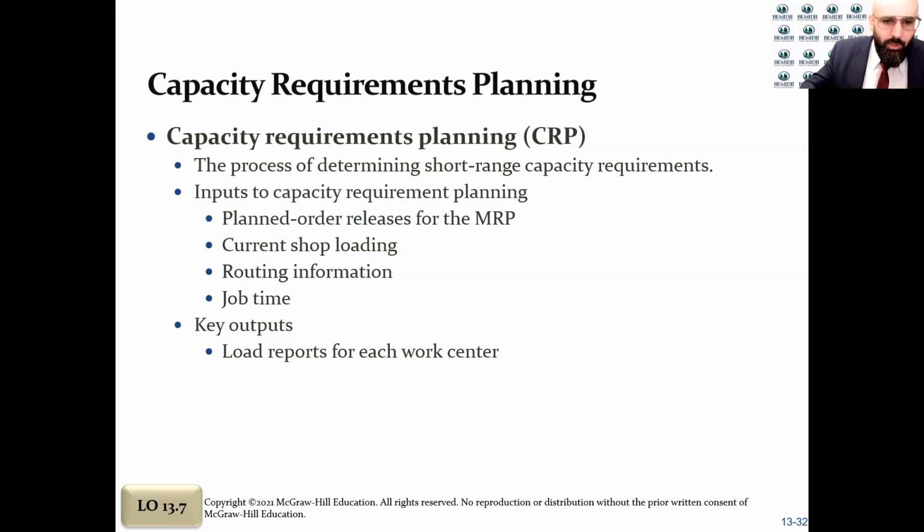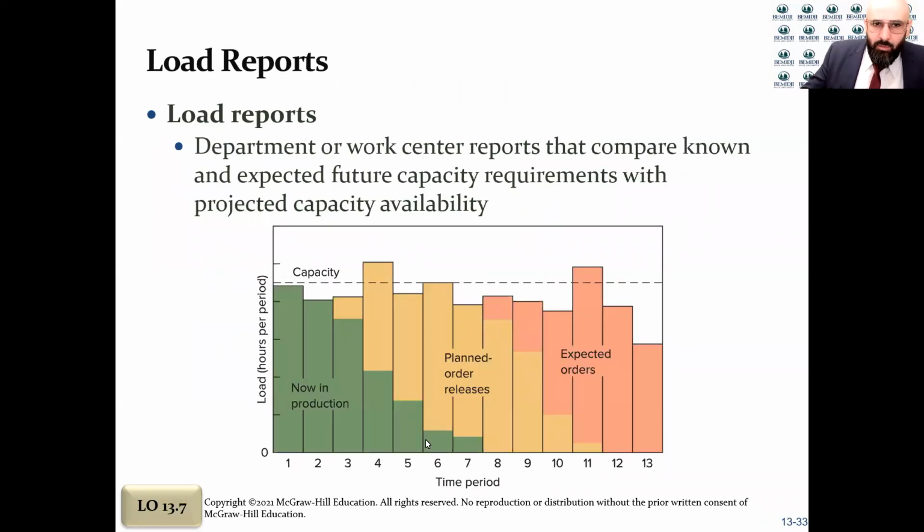A key output would be the load reports for each work center. We will create a report for each work center. The load report is basically a chart that will show you the capacity based on what is in production right now, the planned order releases, and expected orders.